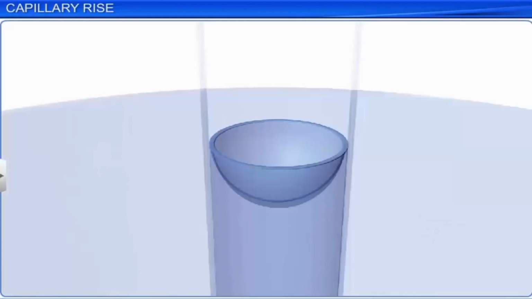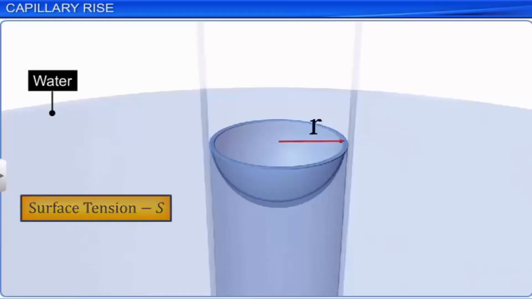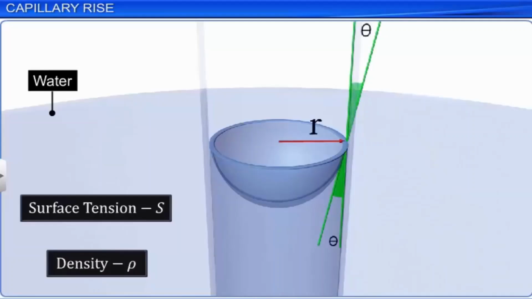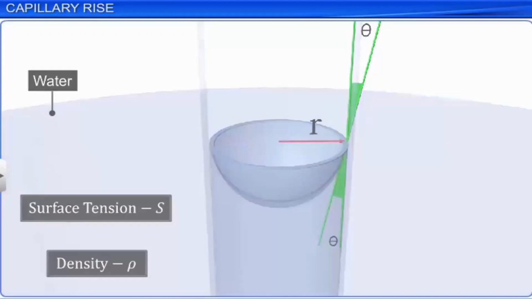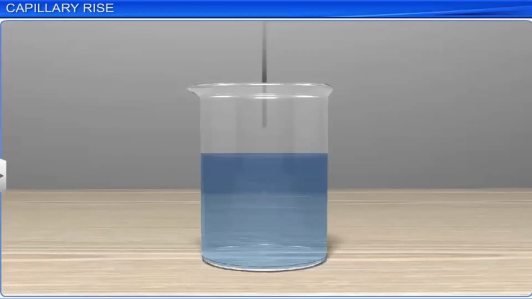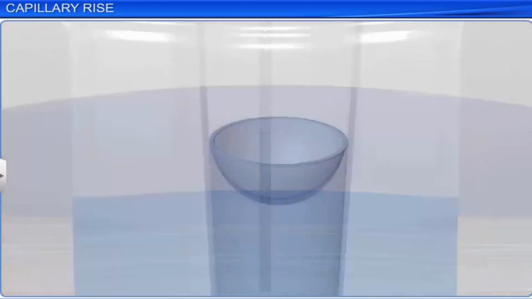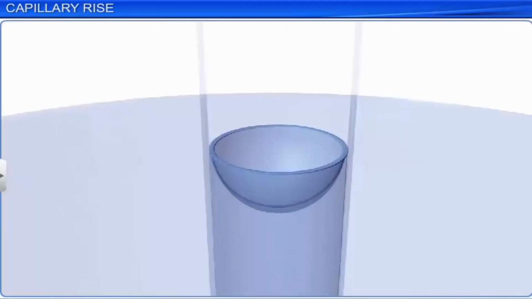Consider a capillary tube of radius r dipped in a liquid with surface tension S and density ρ. Let the angle of contact between the given liquid and the material of the tube be acute. Hence, as soon as the tube is dipped vertically into the liquid, we observe a rise in the liquid into the capillary tube.